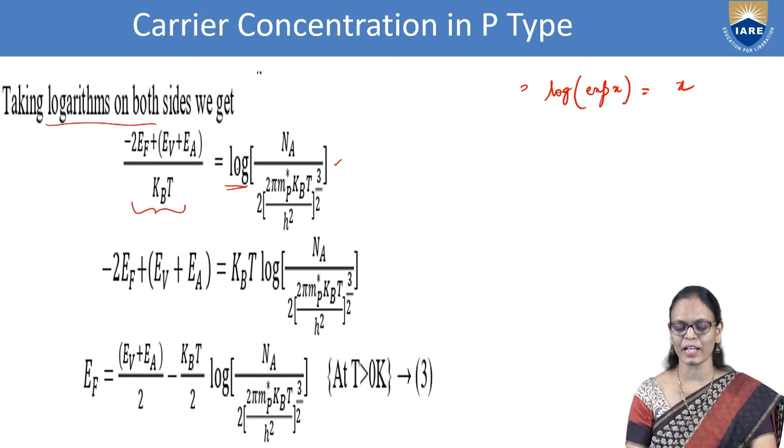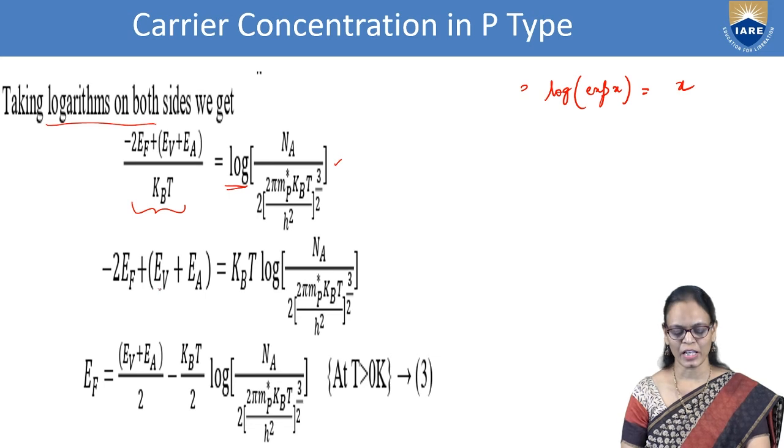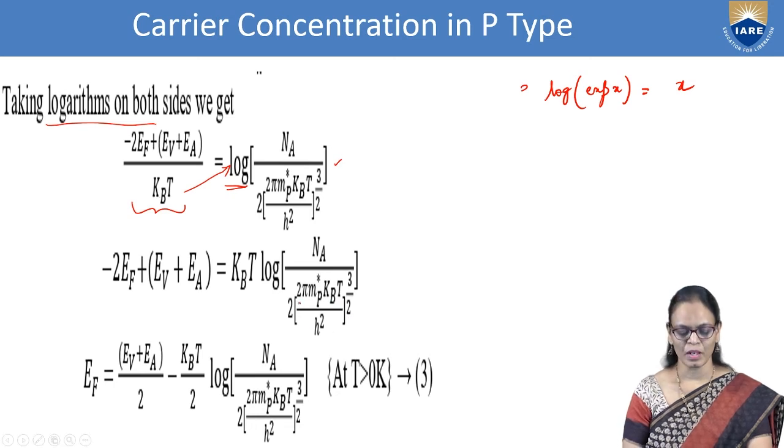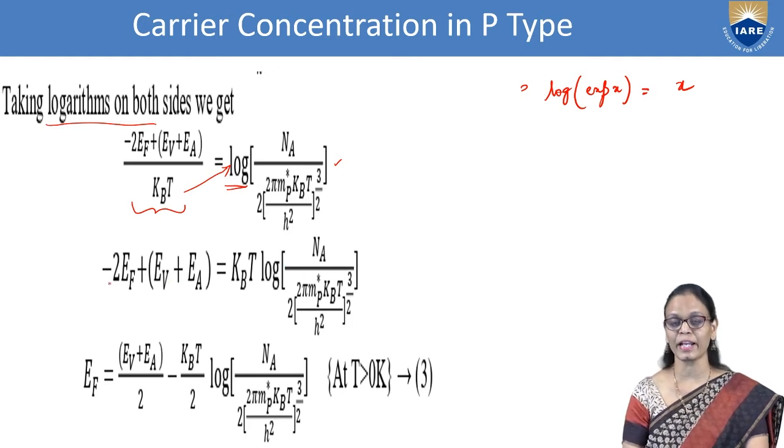So we are going to take kBT onto the other side. We have minus 2Ef plus Ev plus Ea equal to kBT log of Na upon the whole term. Now if I have to write for Ef, we can take minus 2Ef to the other side, or multiply by minus on both sides, which is the same.